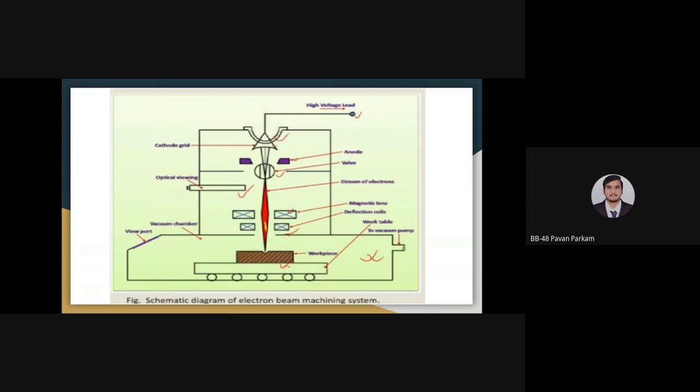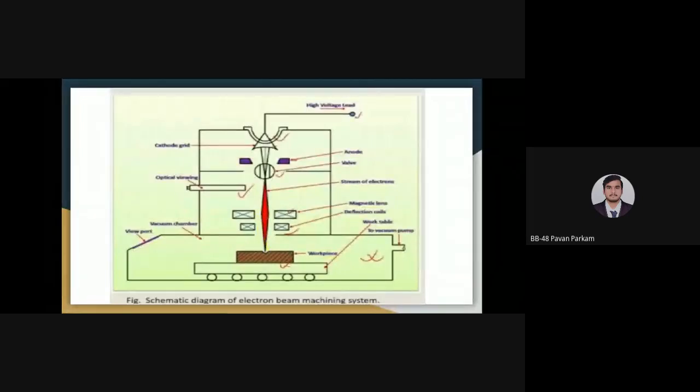It reduces the diameter of that electron beam to pass it toward your workpiece. So your magnetic lens concentrates your electron beam into a smaller diameter beam.